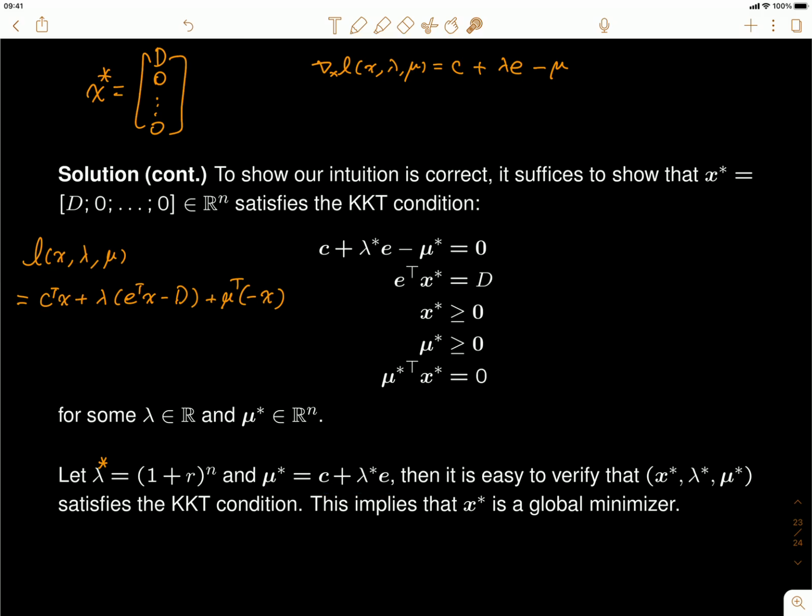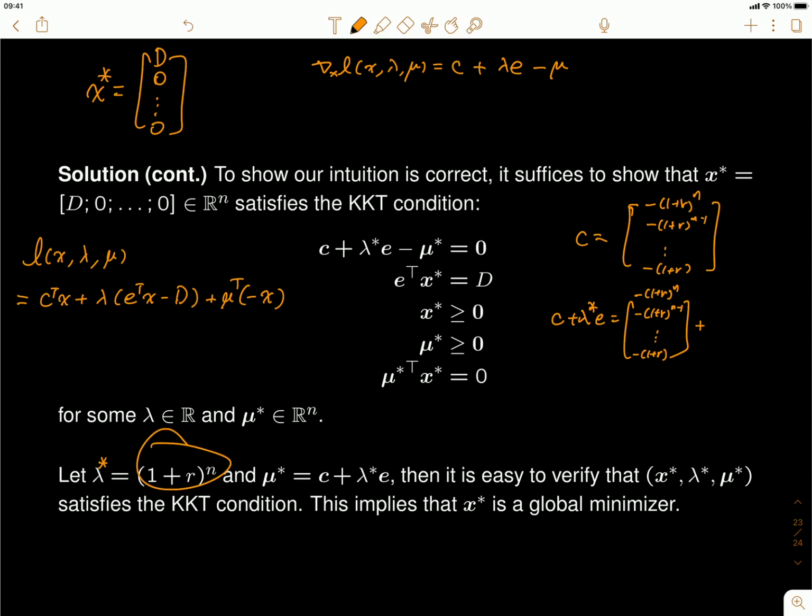Because c is that vector we showed earlier, negative 1 plus r to the power n, 1 plus r to the power n minus 1, all the way to 1 plus r minus 1 plus r. So c plus lambda star e will be this c vector here plus lambda star, which was chosen to be that.